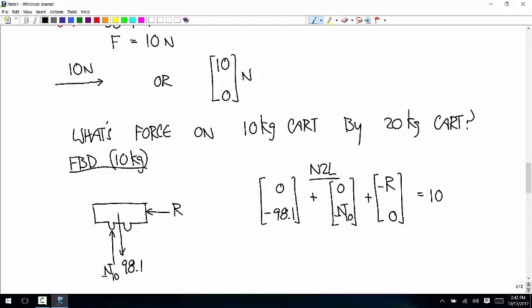Do we know the acceleration vector? Yep, that's still the same as both of them together or the second one by itself, so that's negative 1, 0. That's what we did in the first step.